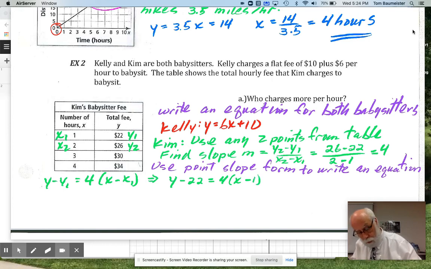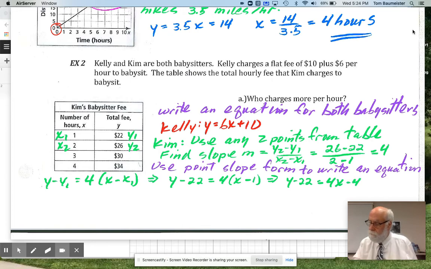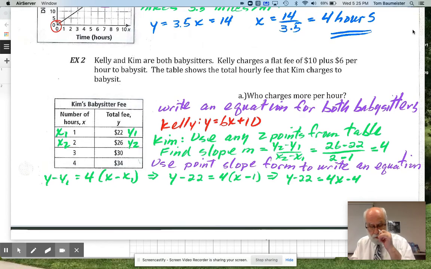All right, I'm going to keep going. So y minus 22 will stay the same. We are going to distribute that 4 through the parentheses. So I'll have 4x minus 4. And then if you think about it, to get y by itself, you're just going to add 22 to both sides.